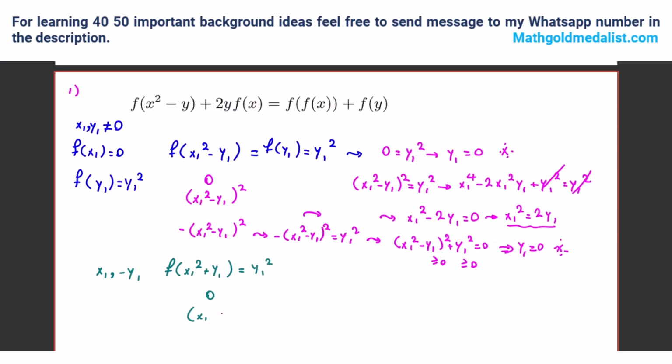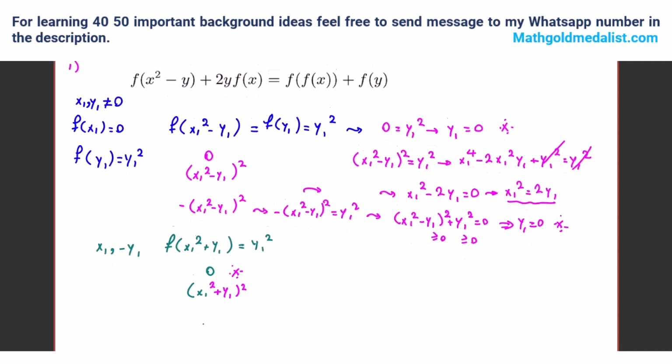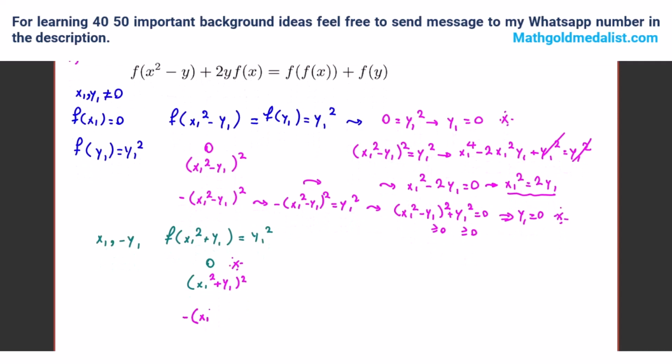x1 squared is 2y1. Now here again for 0 we can reach contradiction for x1 squared plus y1 whole squared and negative x1 squared plus y1 whole squared. Again for this one you can reach contradiction like this. You can take this to the right hand side and you can see it would be 0. For this one, if we expand, x1 to the 4 plus 2x1 squared y1 is equal to y1 squared.